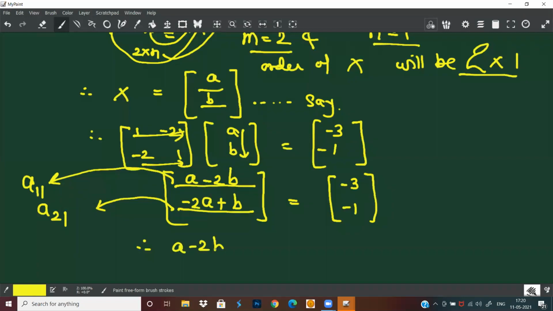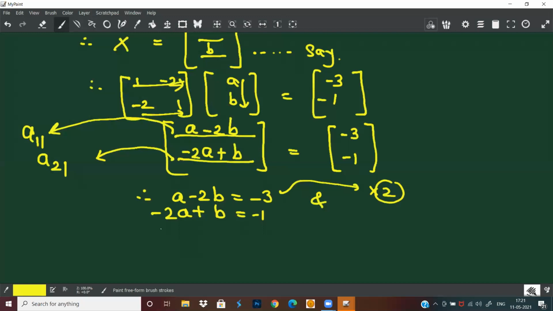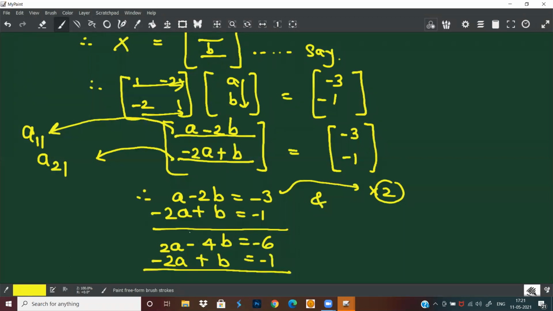You will have a -2b is -3, and -2a plus b is -1. So here equation ko you can multiply by 2. So you will have 2a -4b is -6, -2a plus b is -1. वो वैसे के वैसा. Signs are opposite, so you will be adding. Correct?